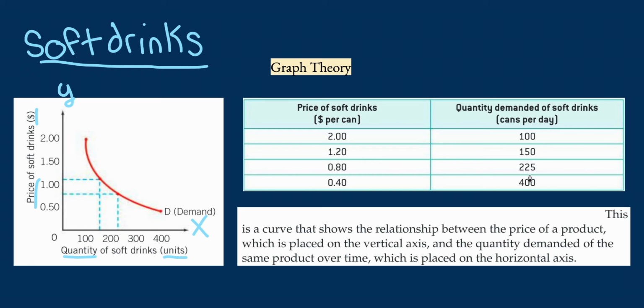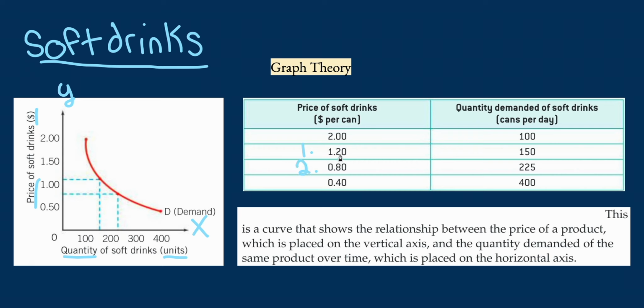However, this time it goes up from the left to the right. The x-axis always goes up, from 100 to 400 here, okay? And based on the law of demand that we just talked about, you can see that this place right here, going right above $1, let's label it number 1. That's $1.20. That's the first price. And then the second price is right below it. Okay, it's 80 cents.